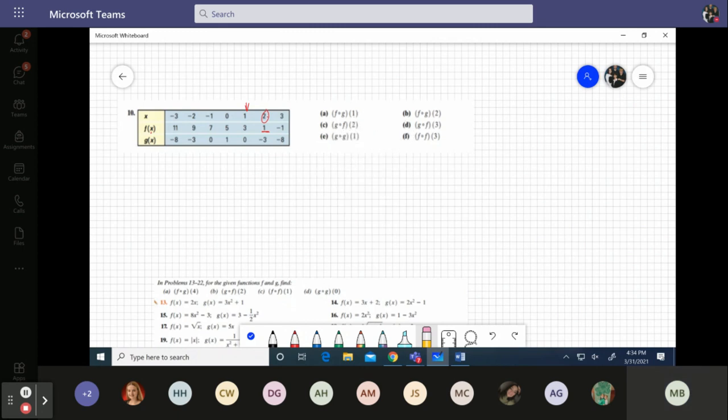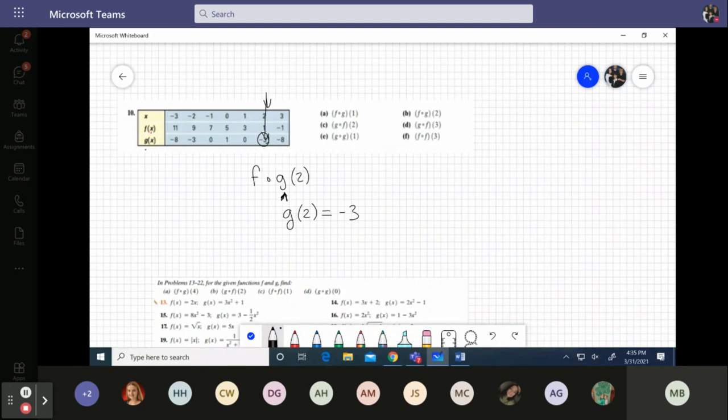Okay. What if I have f of g of 2? I have to work from the inside out. So the first thing I want to find out is what is g of 2. So remember the generic is f of g of x, when x is 2. G of 2, just following straight down on this table, g of 2 gives me a negative 3.